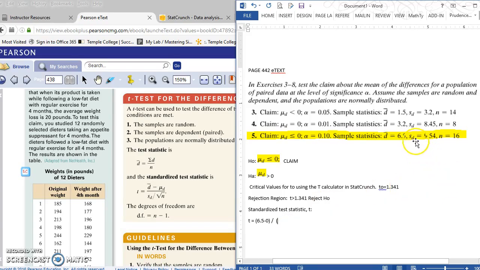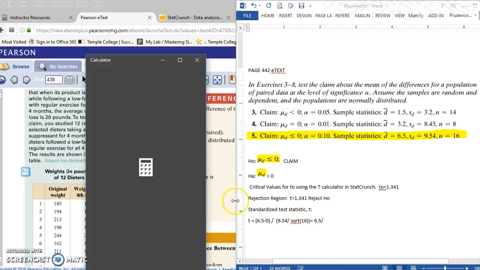Here's my denominator. I have to take s sub d, 9.54, and divide that by, and I don't have a square root symbol, so I'm going to write sqrt of 16, and then close that off. So here's my numerator, there's my denominator. In the numerator, it's just going to be 6.5. Now let's use the calculator to figure out that denominator.